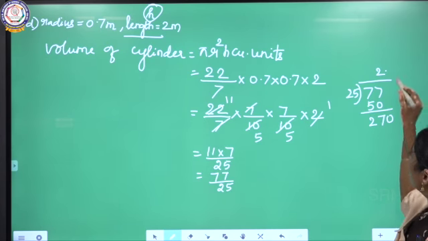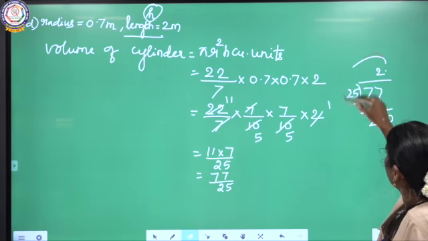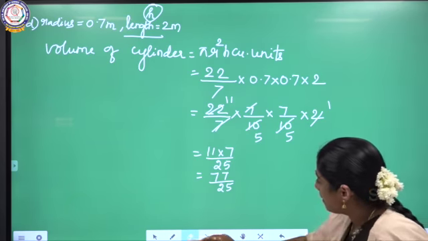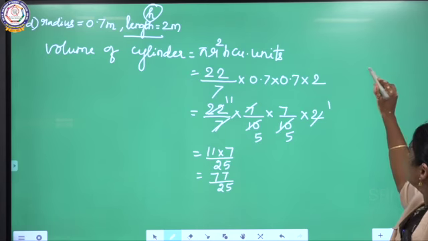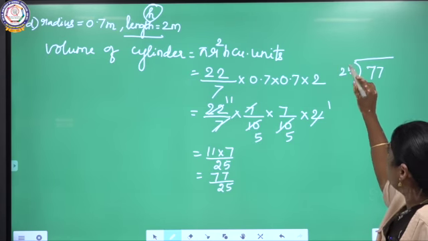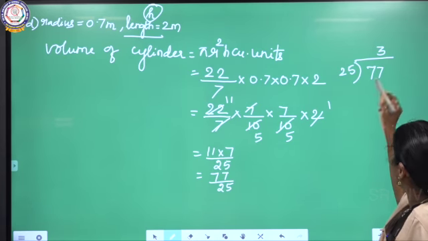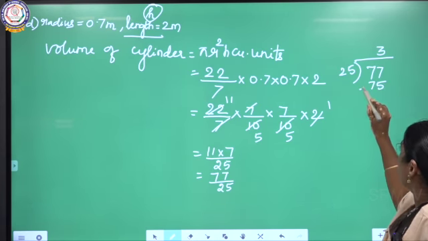Sorry, you have to do this, one minute. 77, I am going to divide this by 25. 25 3s are 75.